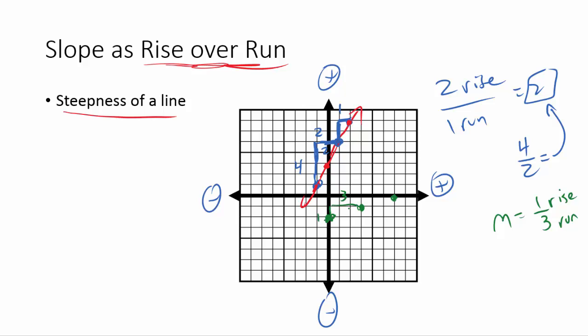So a line with a slope of 1/3 would look something like this. Notice that if you were jogging or biking up this hill, this green line would be a lot easier to bike up or run up than this red line here, because its slope is not as high.